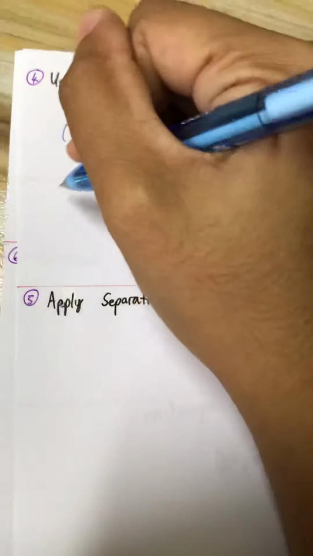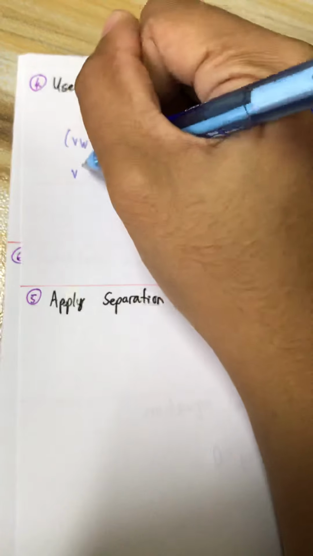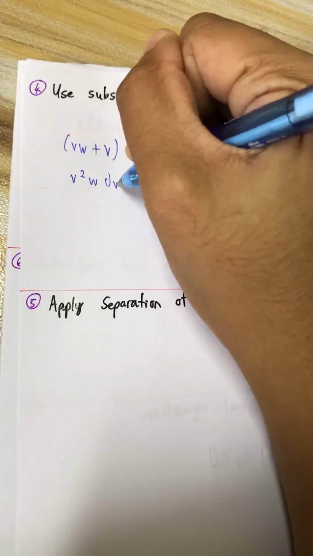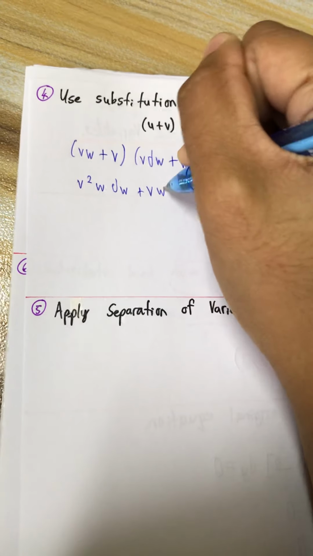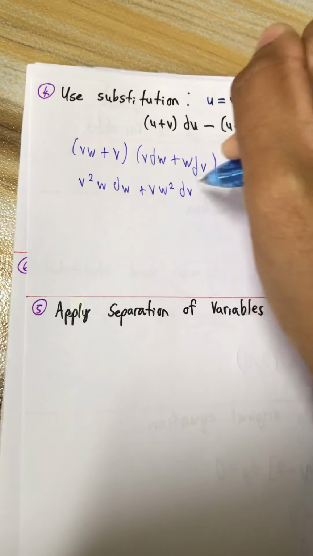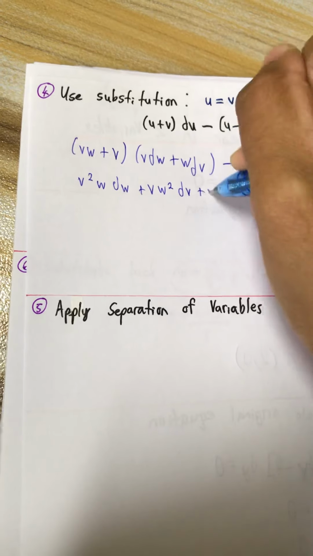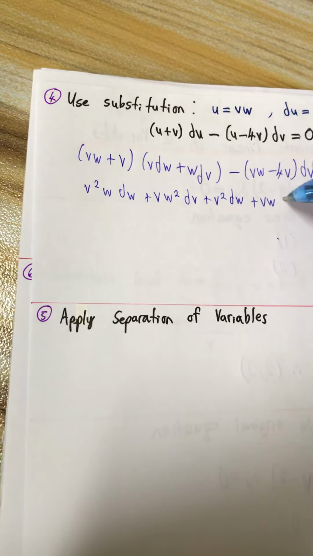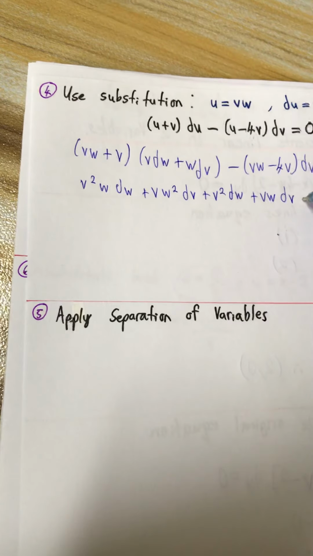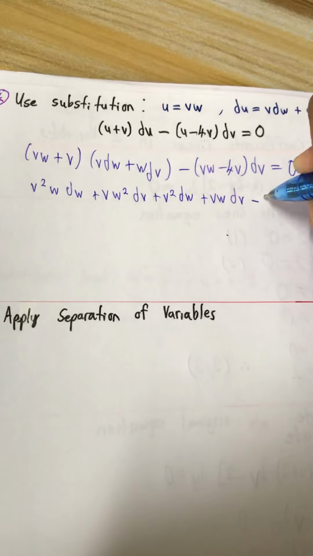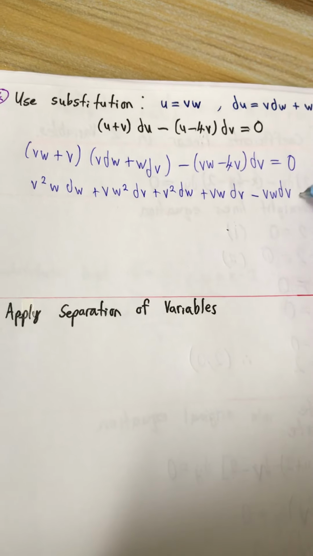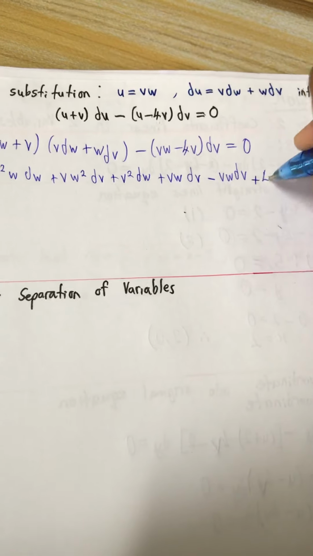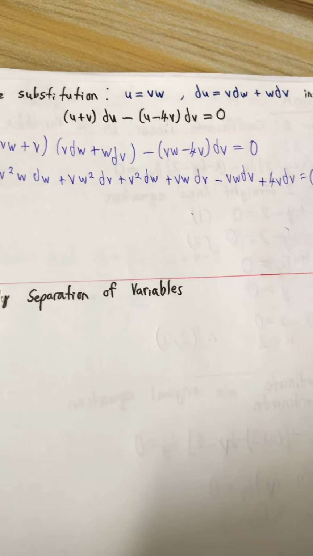Then we solve this, so we get v square w dw plus vw square dv plus v square dw plus vw dv, minus vw dv plus 4v dv. So we solve this.